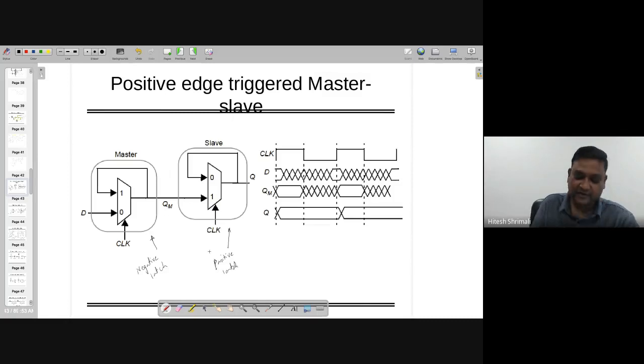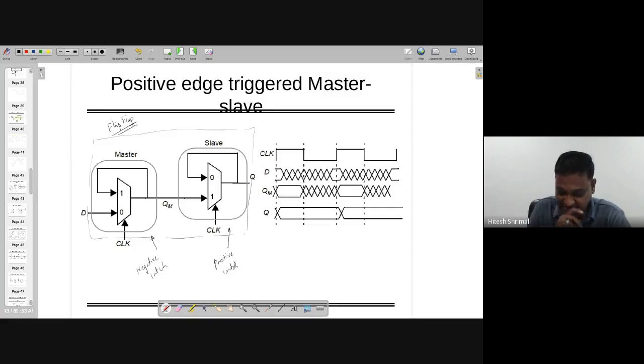And in total, it works as a flip-flop, right? This particular thing is known as the master-slave, right? So master-slave business is that in total, it's going to give you the thing as flip-flop, right?